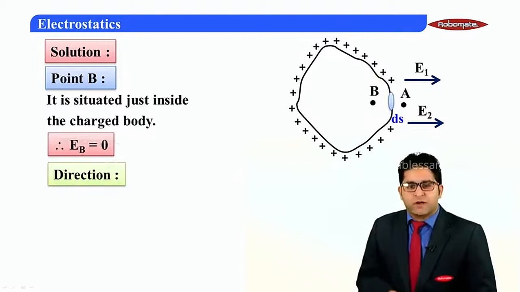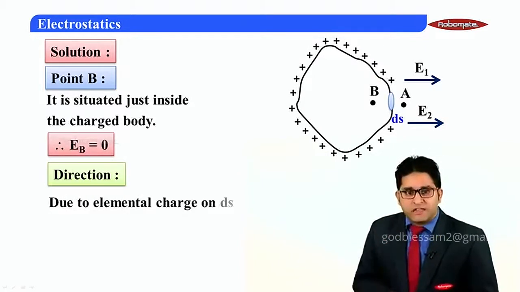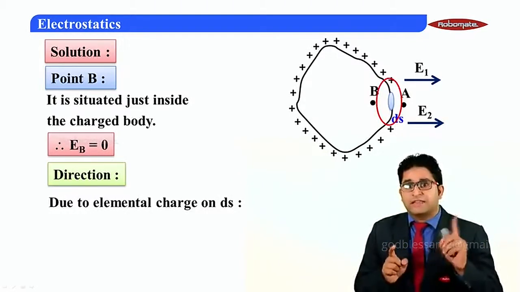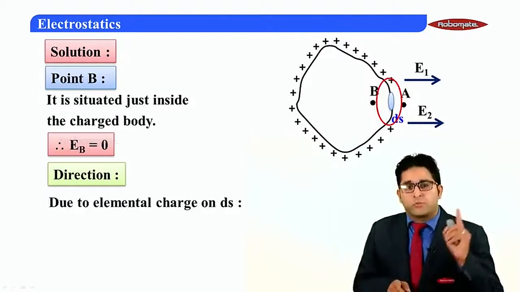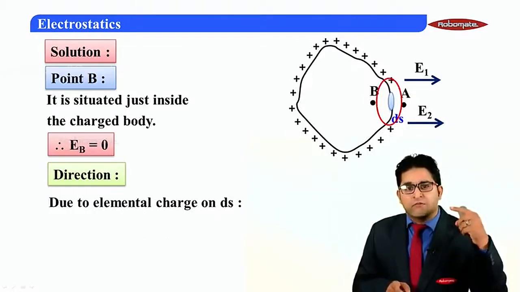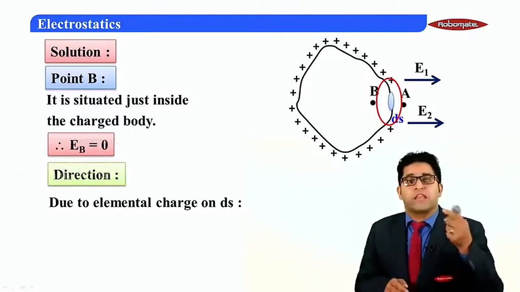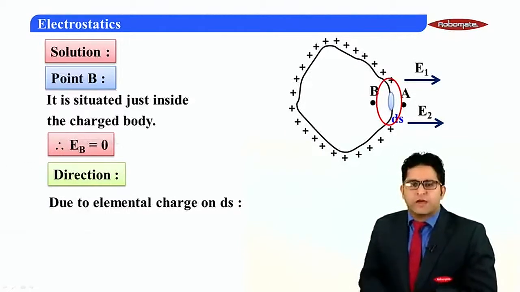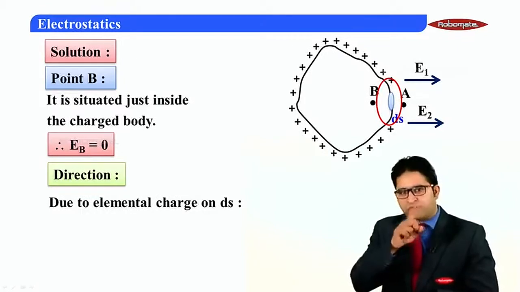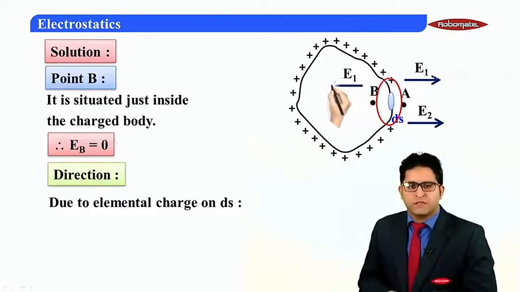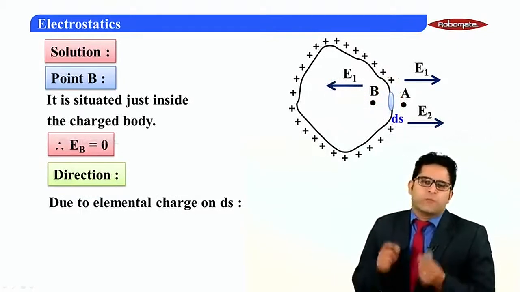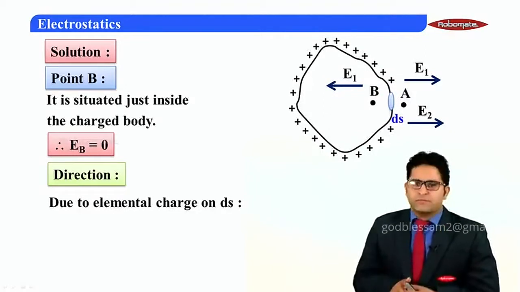Now let us see the direction part. Now see elemental area ds, right? It is on the right hand side of point B. So because of this charge, intensity will be produced in this particular direction. Why? Because point B is on the left hand side. So that's why intensity E1 will have this particular direction, right? Now students, again, point B is inside the charged body, right?